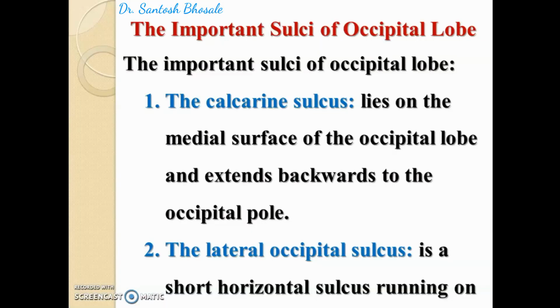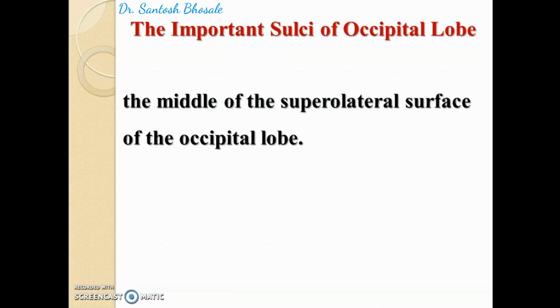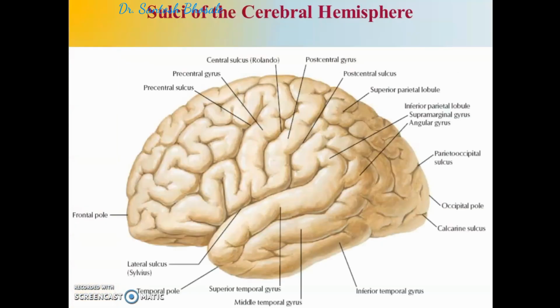And coming to occipital lobe, there are two important sulci, calcarine sulcus and lateral occipital sulcus. Calcarine sulcus predominantly lies on the medial surface and then comes on the superolateral surface, whereas the lateral sulcus is the horizontal sulcus, that is the calcarine sulcus, and that is not the lateral sulcus.